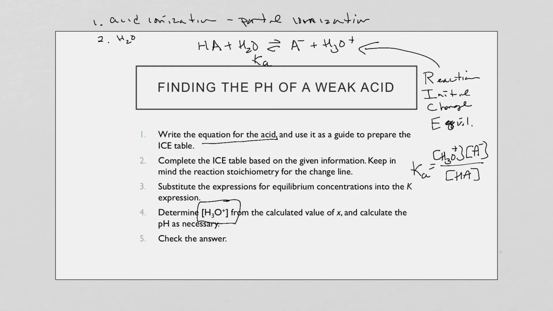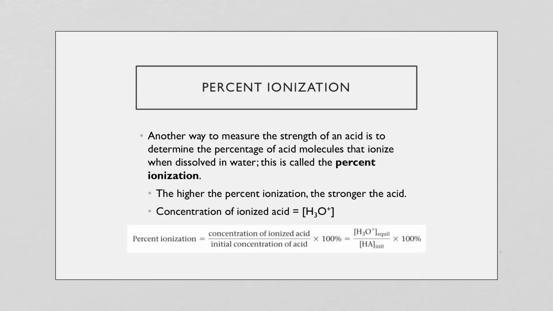Now, another way that we can look at the strength of an acid, besides calculating its pH, is something called the percent ionization. The percent ionization is simply the percentage of acid molecules that ionize when put into water. The Ka is one way that we look at that, and the percent ionization is another way.